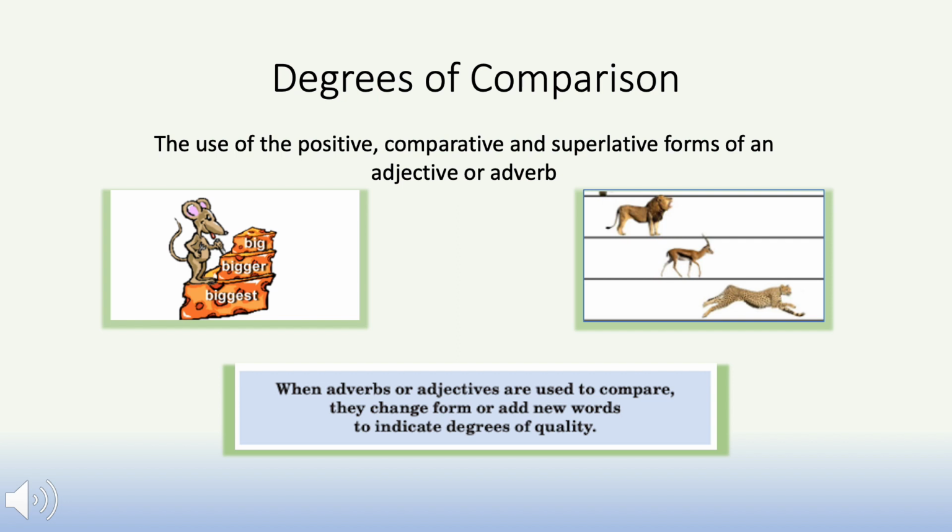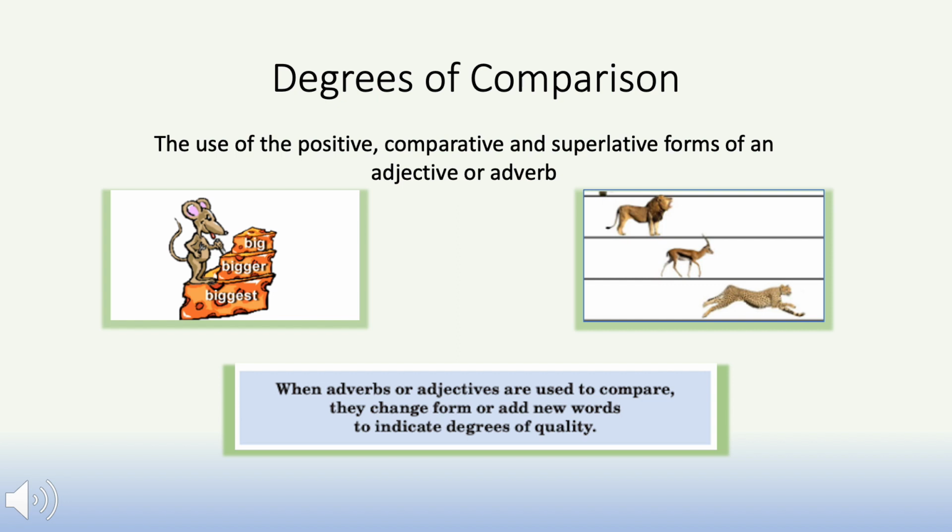In a similar manner, an adverb is a qualifying word which normally qualifies a verb, sometimes an adjective, and sometimes another adverb. For example, you may say, the lion runs very fast. Fast is an adverb that qualifies the verb runs.